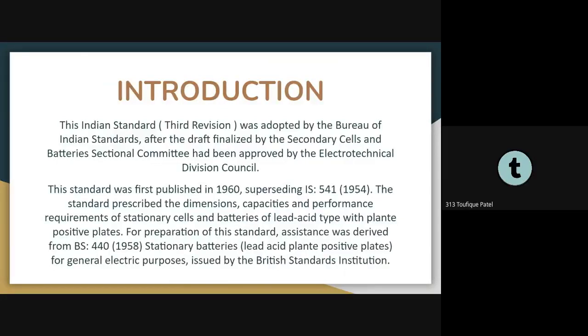The standard prescribed the dimensions, capacities, and performance requirements of stationary cells and batteries of lead acid type with plante positive plates. For preparation of these standards, assistance was derived from BS 440 of 1958, which states stationary batteries, lead acid, plante positive plates for general electric purposes, issued by the British Standard Institution.